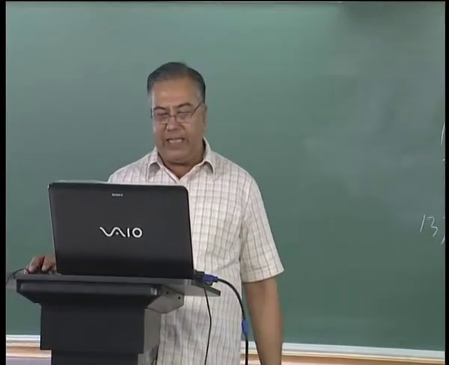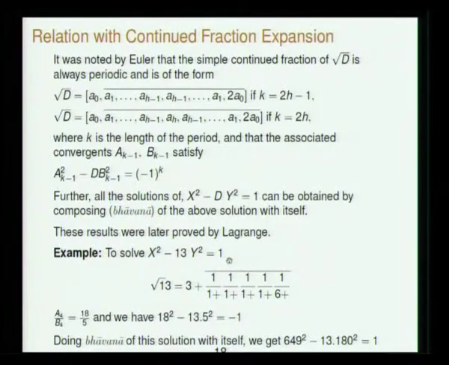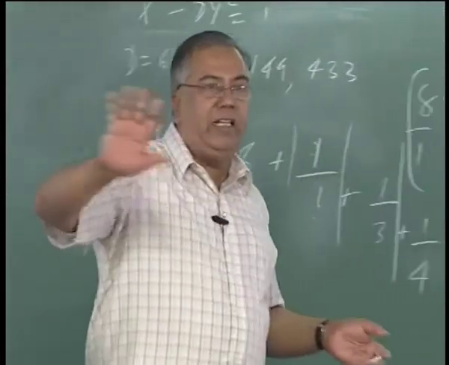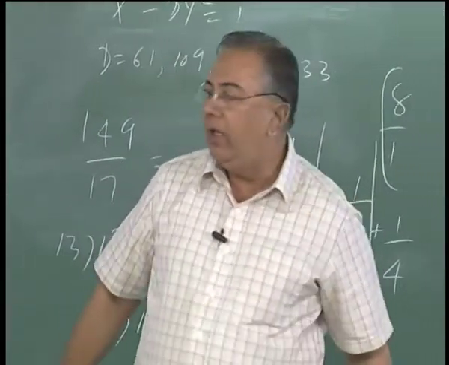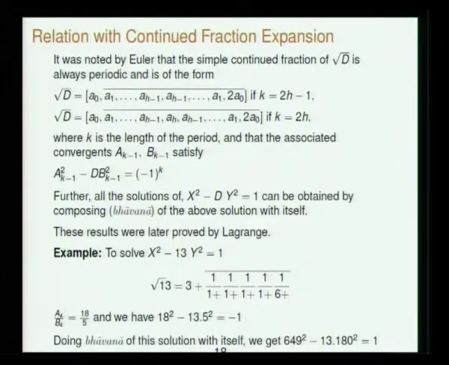So let us take this example, x squared minus 13y squared equal to, this is the example given in Euler's book. Square root of 13 is 3 plus 1 over 1 plus 1 over 1 plus 1 over 1 plus 1 over 1 plus 1 over 6. This bar means now again the same thing will start here. It will go on repeating itself. It is an irrational number, so the continued fraction is infinite, but it is periodic. You have to take this convergent at this point, 3 plus 1 by 1 plus 1 by 1 plus 1 by 1 plus 1 by 1, stop it here.